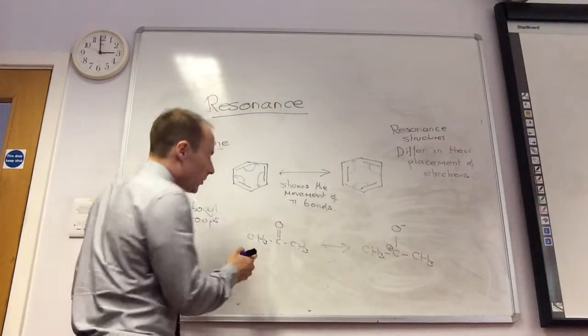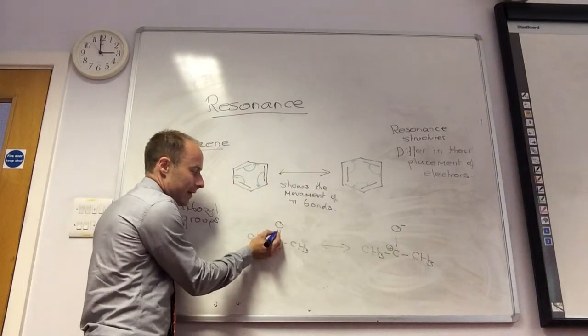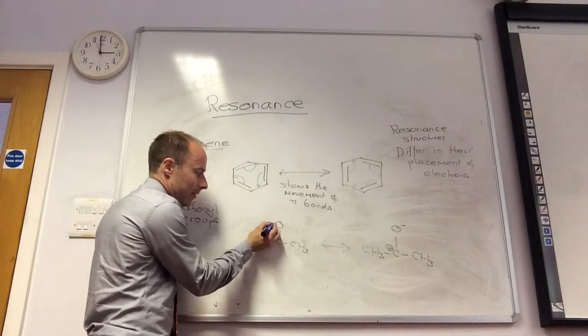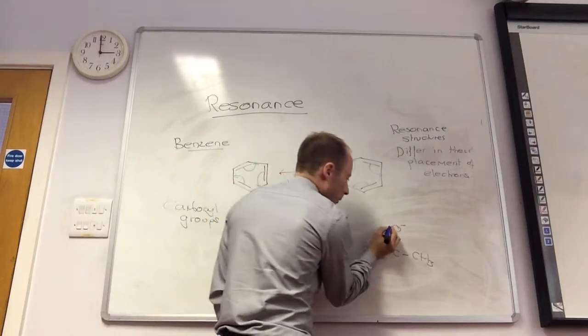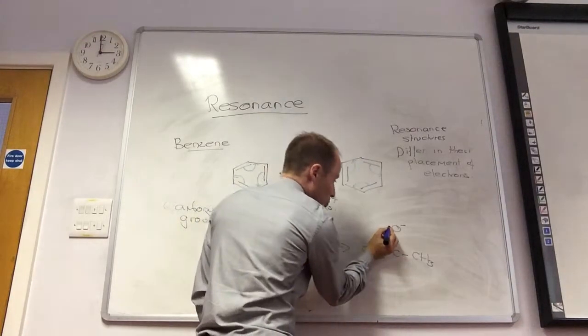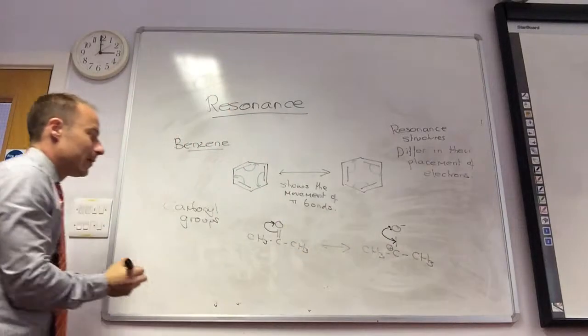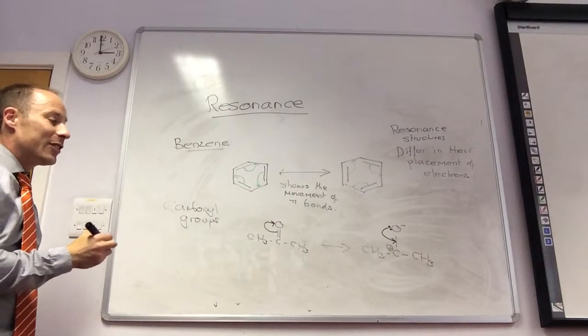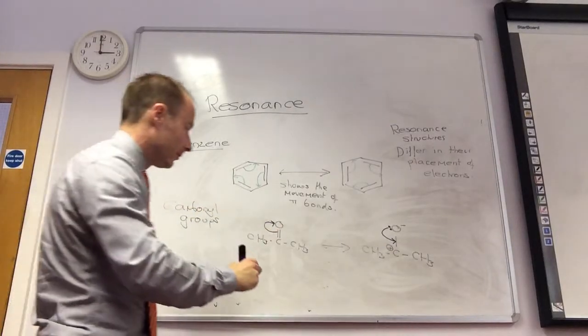So how can I go from one to the other? That bond is broken and has gone to the carbon, because that's become negative. How can I go the other way? If that's my lone pair, the lone pair goes to the plus, and the lone pair goes to the bond. So that just shows the movement of a lone pair to a pi bond.